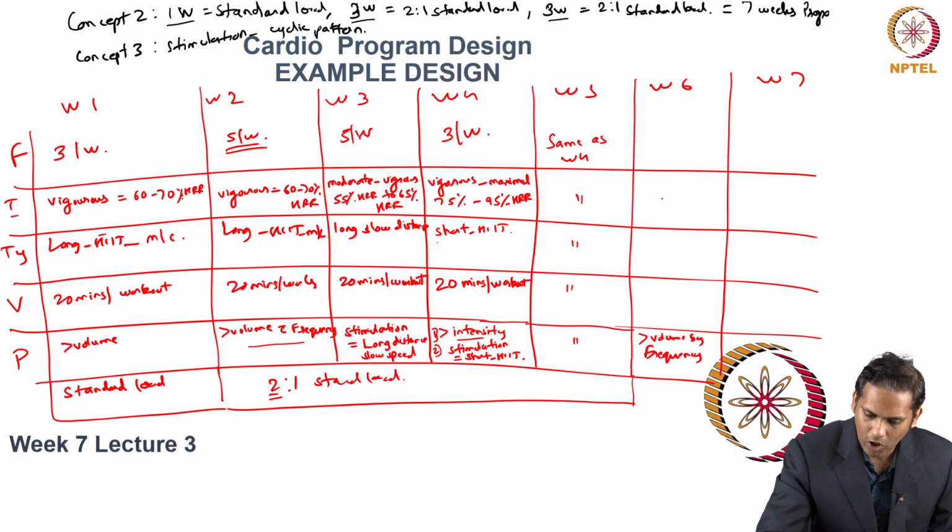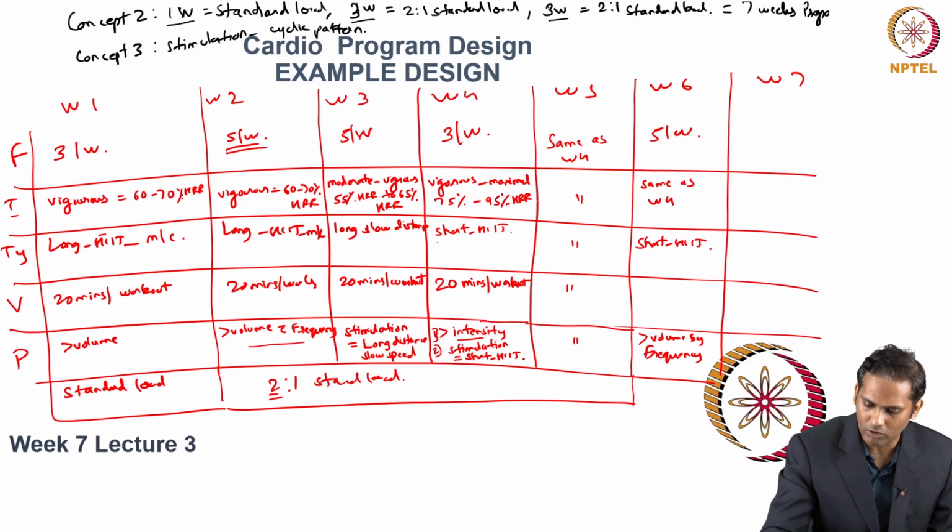So it would be the same as week 4, that is the type of stimulation is short HIIT. Now instead of doing it 3 times per week, I am doing it 5 times per week. The intensity is the same as week 4, which is 75 to 95% of HRR. The bout is the same as week 4.